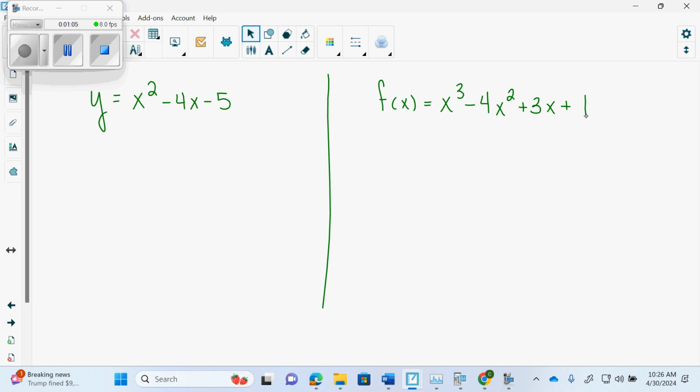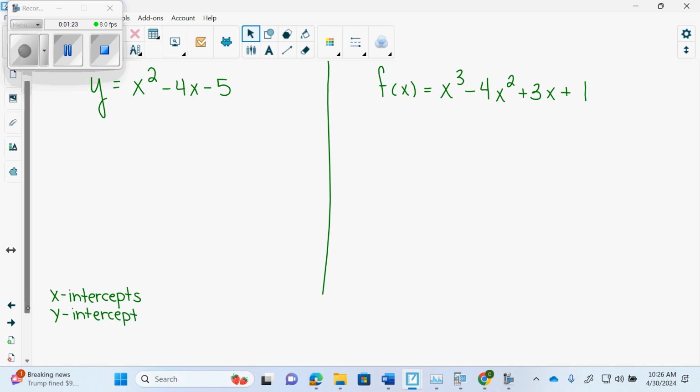Okay. So we're going to sketch them, and then I want you to give me the x-intercepts. Y-intercept. The max mins. What else do you think I want?